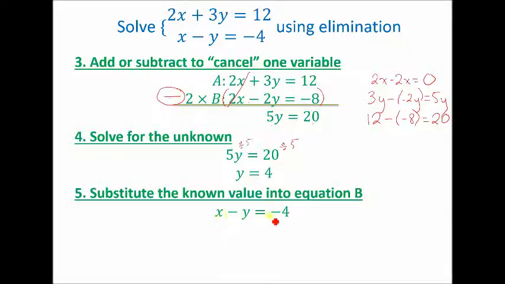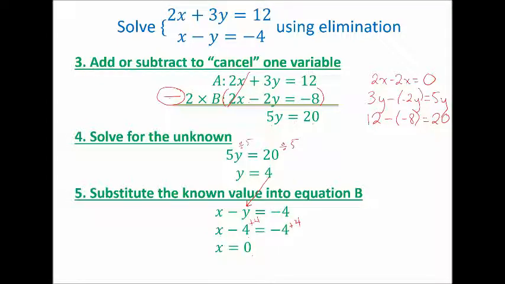So I know that x minus y is equal to negative 4, but I also know that y is equal to 4. So that means I can have x minus 4 is equal to negative 4. Take a moment to think about how you'd solve that. So how do I figure out what x is? Well, I need to get rid of this negative 4, so I add 4 to both sides to give me that x is equal to 0.